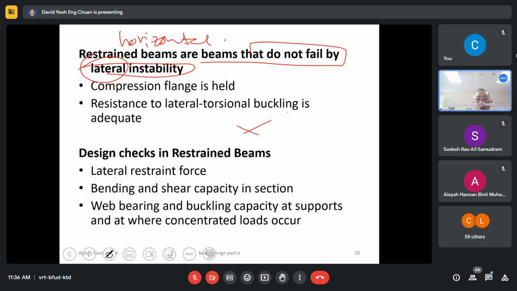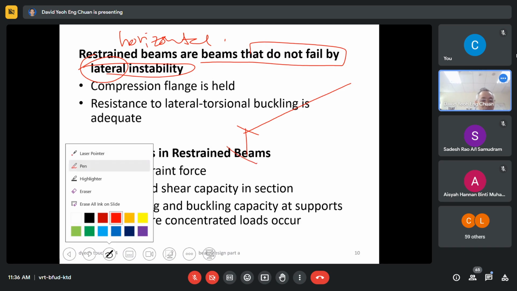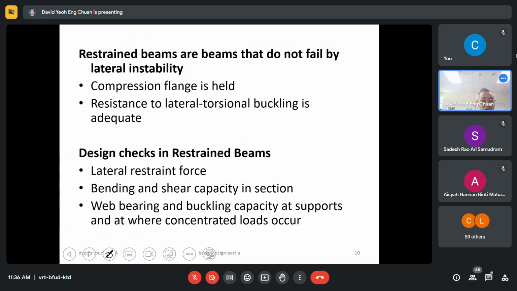I've drawn this before. If you have it like this, now we have this compression flange.